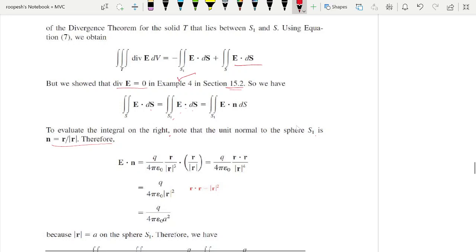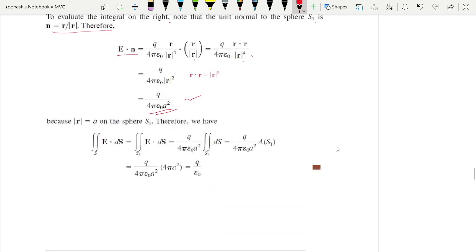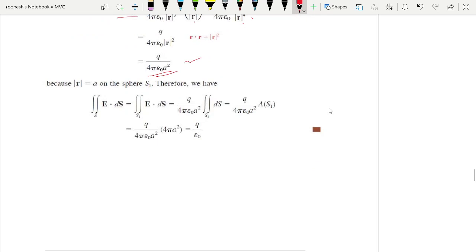Therefore E dot n is equal to, substitute for E and for n, r by mod r. Now that will reduce this as, here you will get mod r square, right? So mod r square by mod r raised to 4, you can cancel it. So at last you will get it as q by 4 pi epsilon naught into a square, because norm r equal to a on the sphere S1.